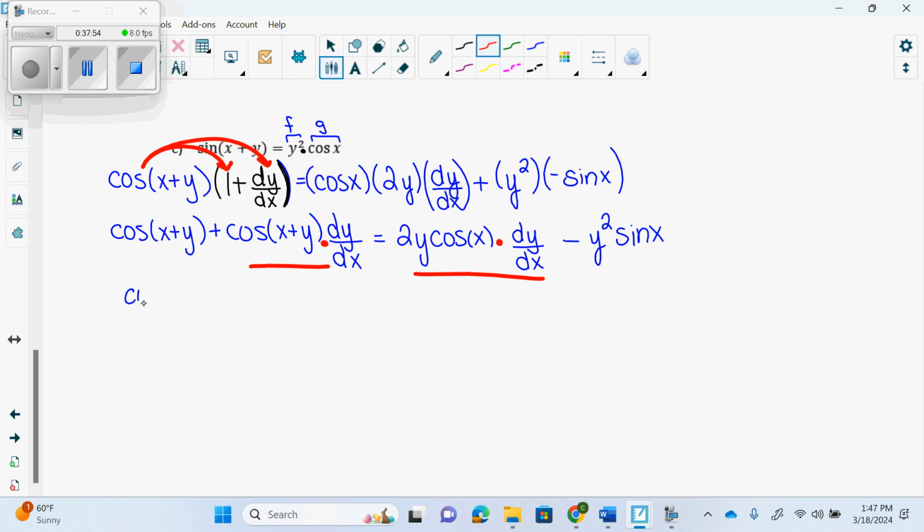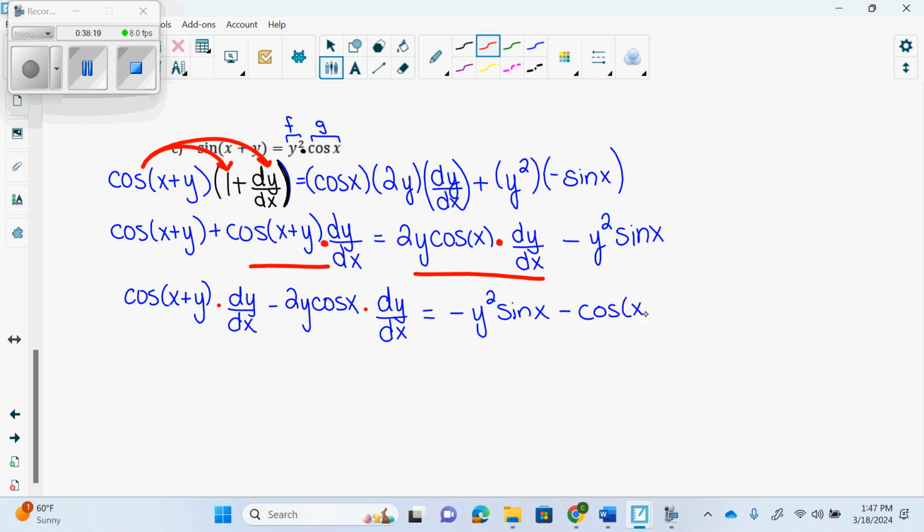So we have cos x plus y dy dx minus 2y cos x dy dx equals negative y squared sine x minus cos x plus y. Take your dy dx out of this term and this term now.